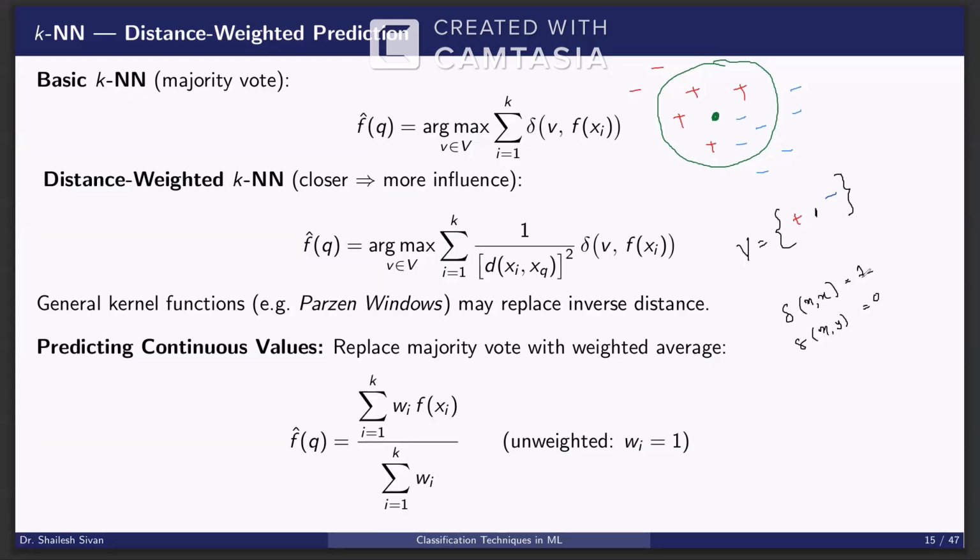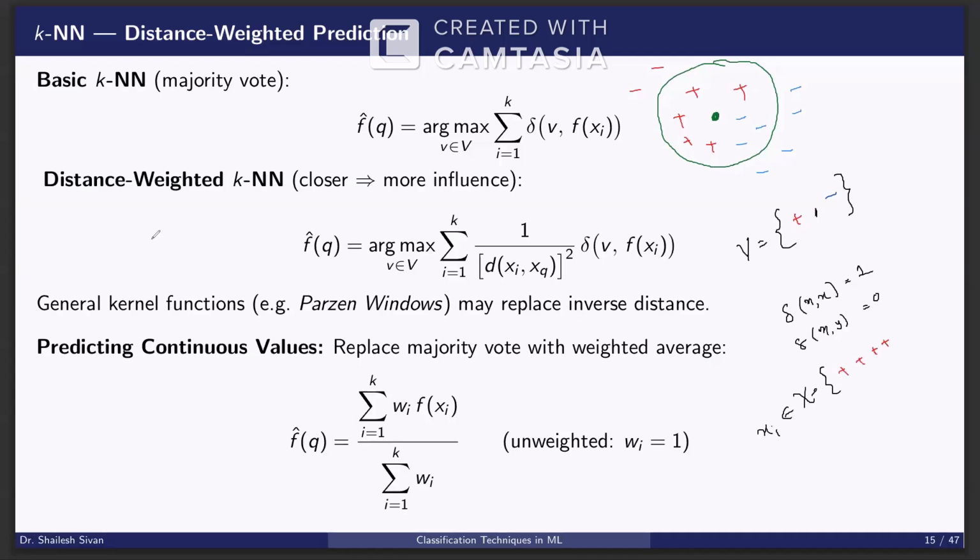If both the arguments are the same, it will be 1. If both the arguments are different, it will be 0, right? So we have to choose a v, then this xi is an element of capital X, which is equal to the neighbors. Xi is the neighbors. So plus, plus, plus, plus.